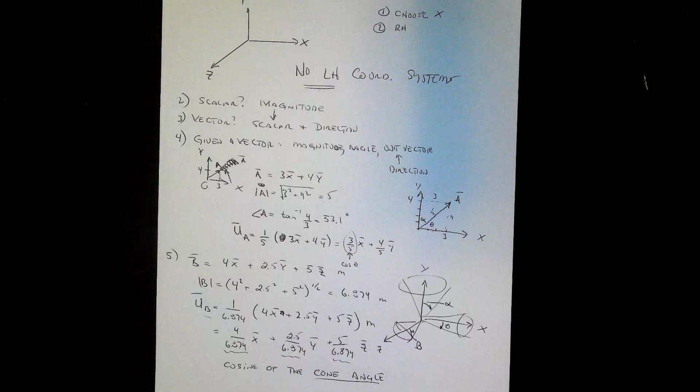So as a vector, we would say the vector A is 3 in the X plus 4 in the Y. So here's A, goes from O. So we have 3x plus 4y there.